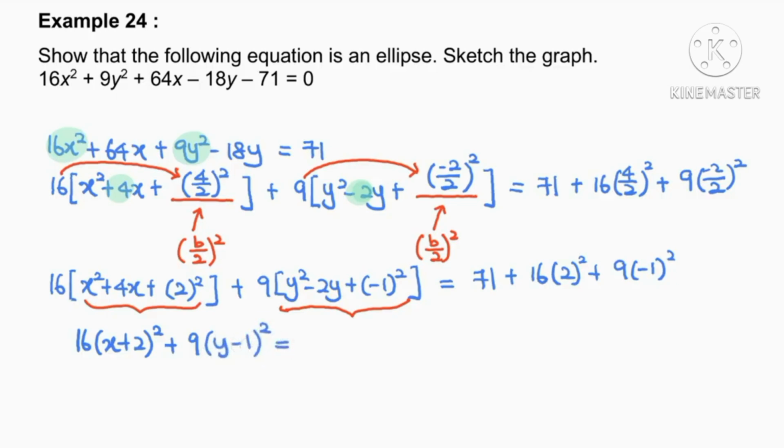And on the right hand side, if we do some calculation here, we get the value 144. So since the right hand side must be 1, now we divide everything by 144.